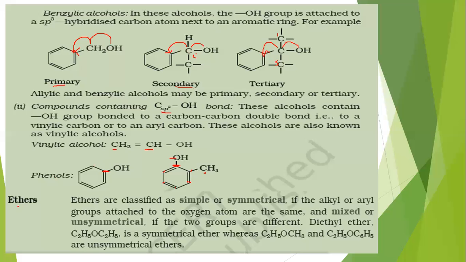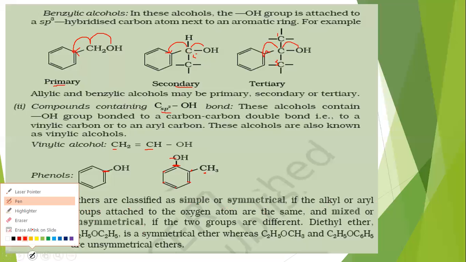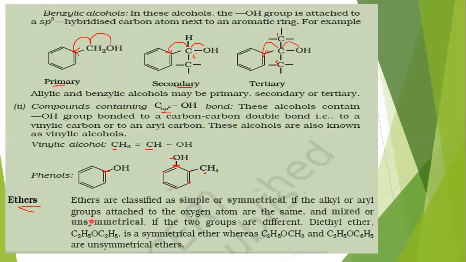Now next about ethers. Ethers are classified as simple or symmetrical if the alkyl or aryl groups attached to the oxygen atom are the same. So recall the structure of ethers.